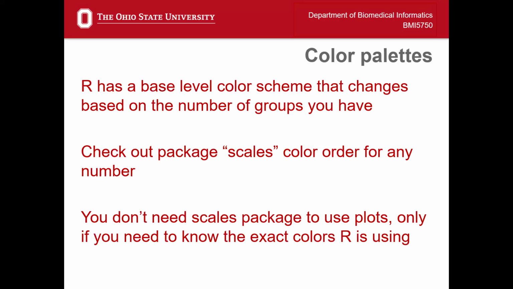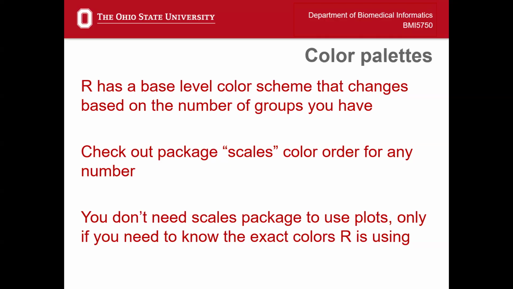Okay. When we think about plots and we think about making them colorful and choosing color that best represents what we're trying to convey, base level R has a color scheme that's automatically selected based on the number of groups you have, and I'll show that later.